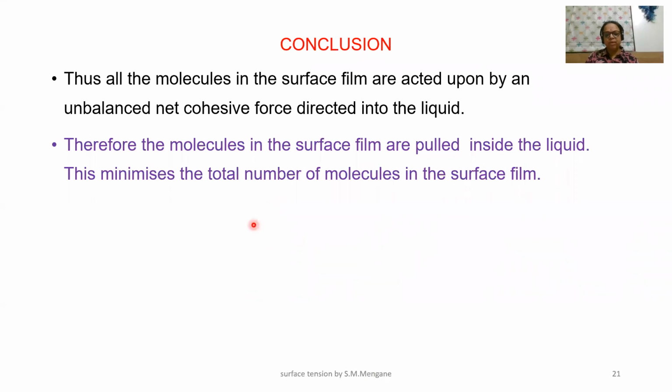Hence, the surface film shrinks and becomes horizontal except near the wall. Means near the wall, the film cannot be horizontal. Since it cannot shrink any further, it remains under tension, and thus the surface film of liquid behaves like a stretched elastic membrane under tension. This is known as surface tension.